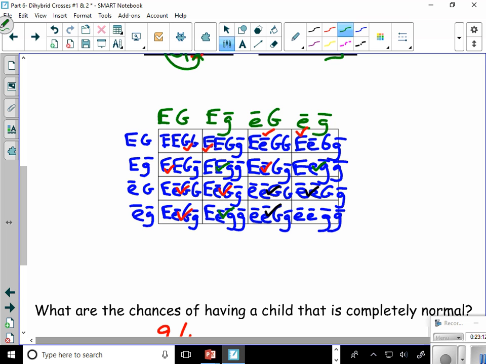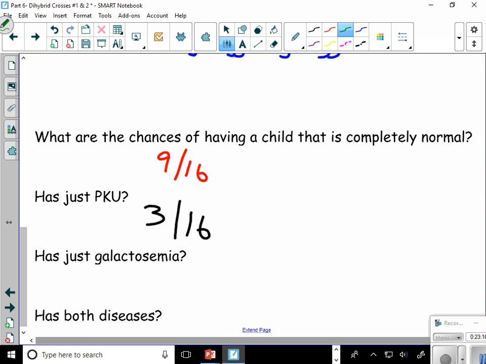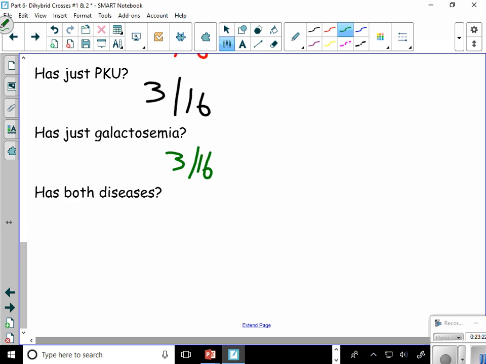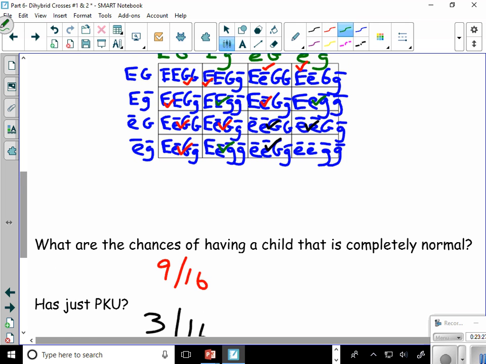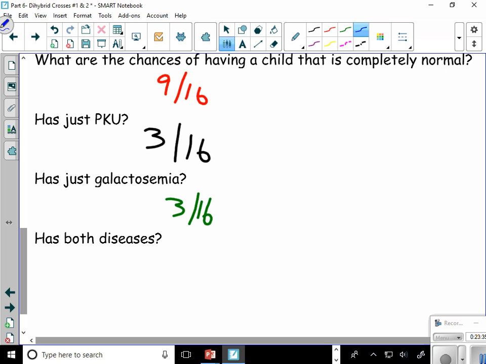So how many have only galactosemia? 3 out of 16. And finally, how many have both diseases? How many have both? 1 out of 16.